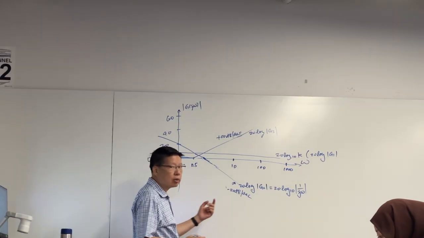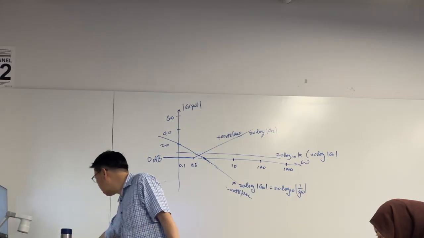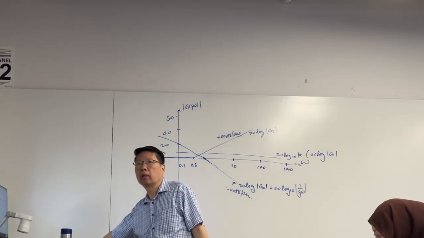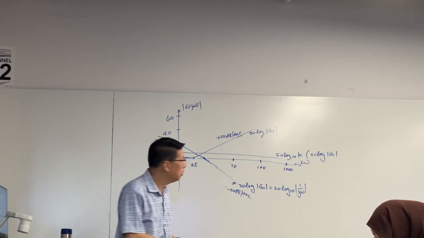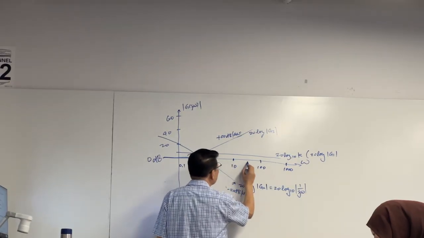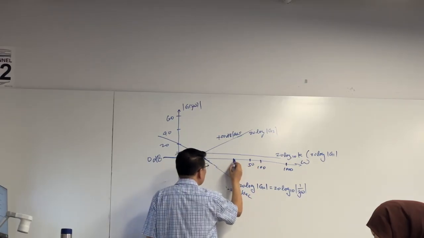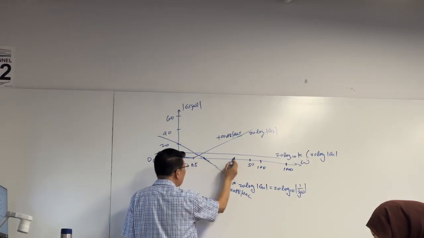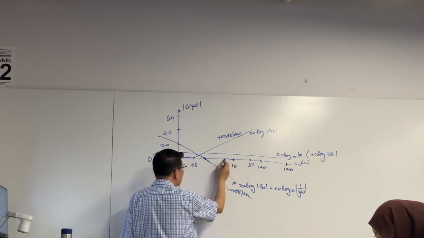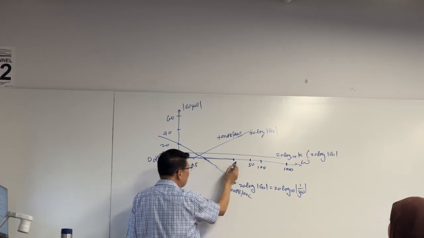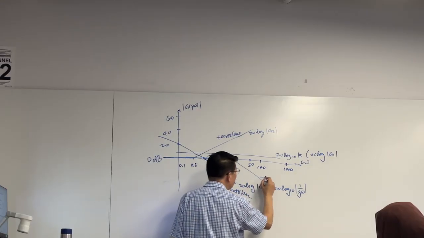And then the next corner frequency is where? It's at 10. So 10 and 50, right? The G4 gives you 1/10. This 10 is a corner frequency. So on the left it gives you 0. On the right it will give a slope of minus 20 dB per decade.